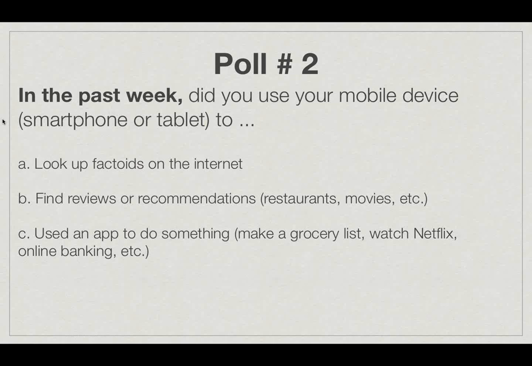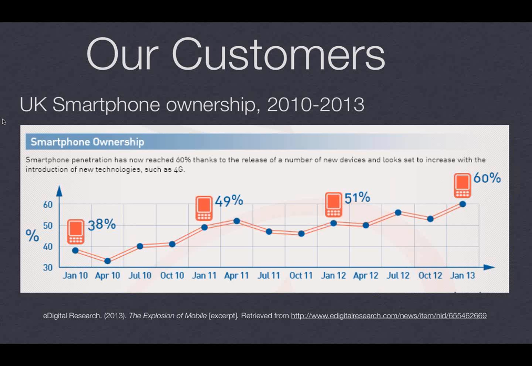Fairly high numbers. So of those of you that have voted, 93% have looked up factoids on the internet, 85% have found reviews or recommendations, and 91% of you have used an app to do something. So either make a grocery list, watch Netflix, online banking, etc. So congratulations, everybody. You guys are well above the general population when it comes to use of your cell phones. But it's something to keep in mind.